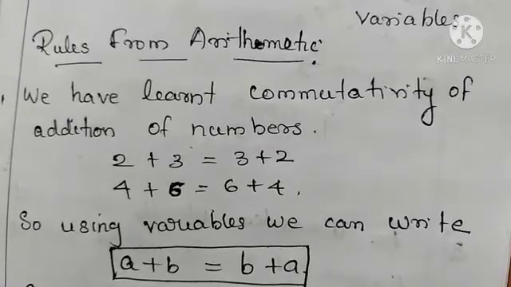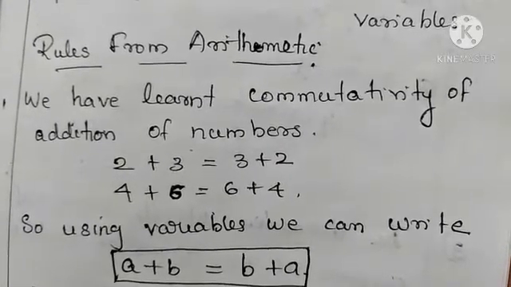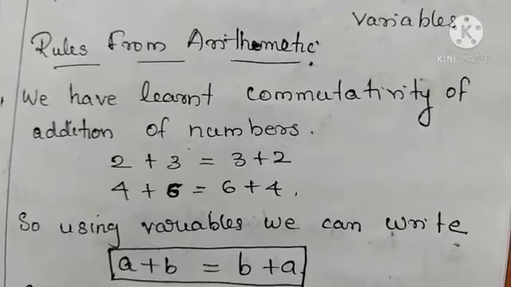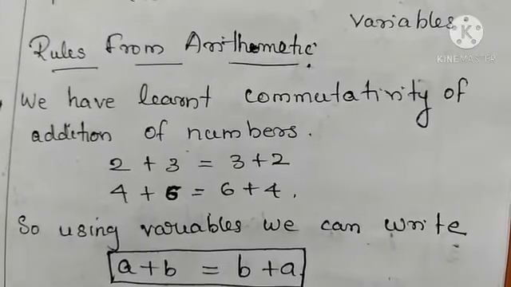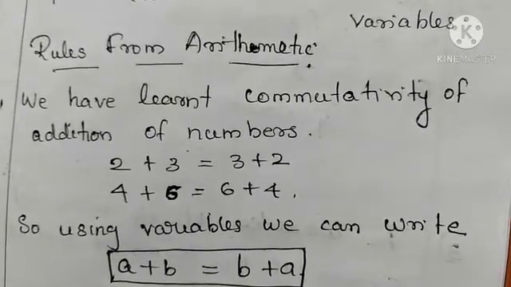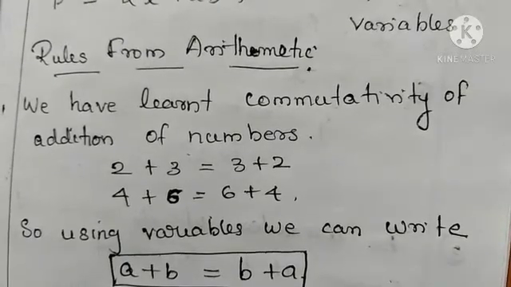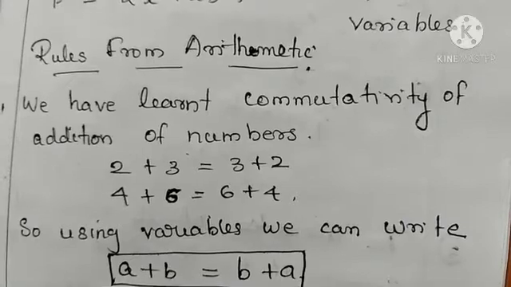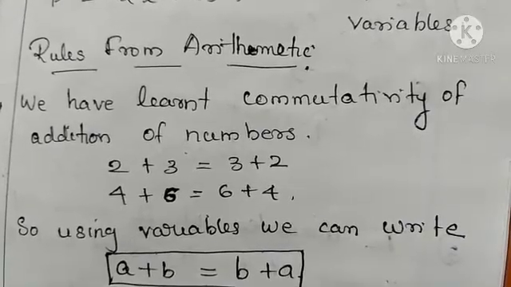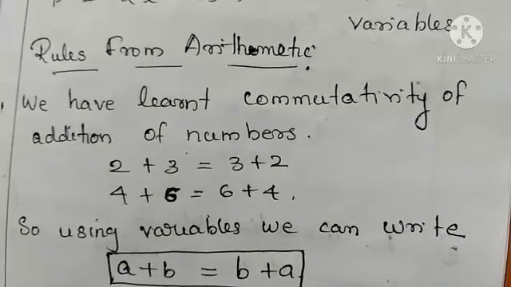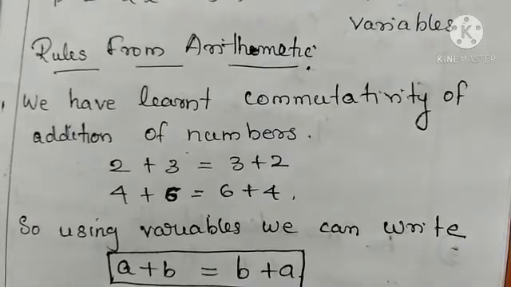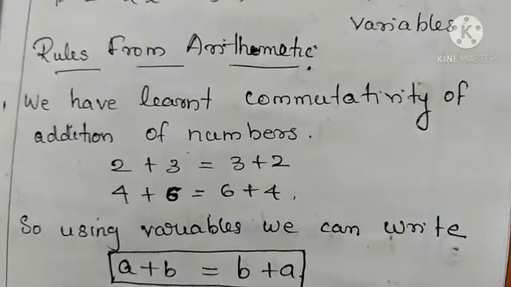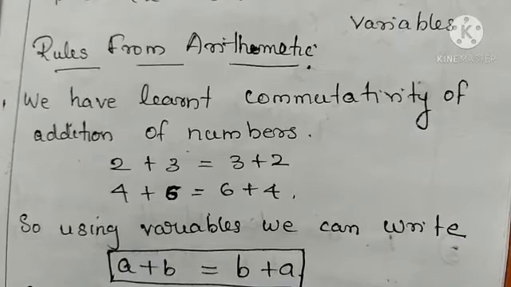Next, rules from arithmetic. In arithmetic, we have learned some properties. Properties for whole numbers. Do you remember that? 2 plus 3 equal to 3 plus 2. 4 plus 6 equal to 6 plus 4. Which property was it? Commutativity of whole numbers. Here we can generalize using the variables a and b.